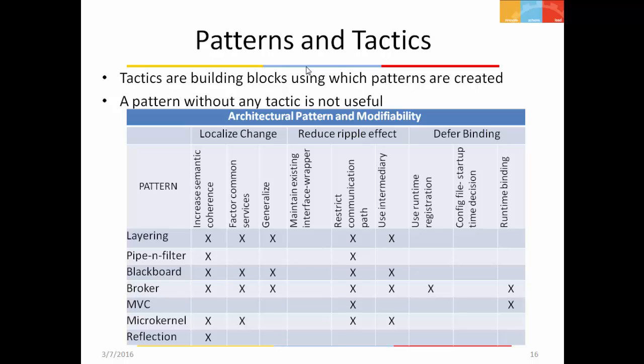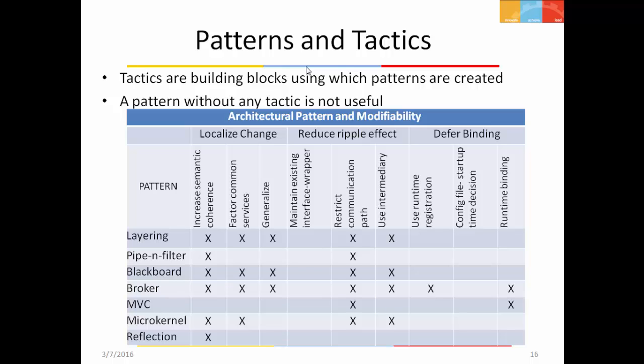Now, this is a really vast subject, and in my opinion, patterns itself can be a complete subject. So we really have not covered all of them. We have basically covered those which are very popular. At least these are the things that you must know. And those very popular patterns essentially deal with modifiability. So let's look at those.